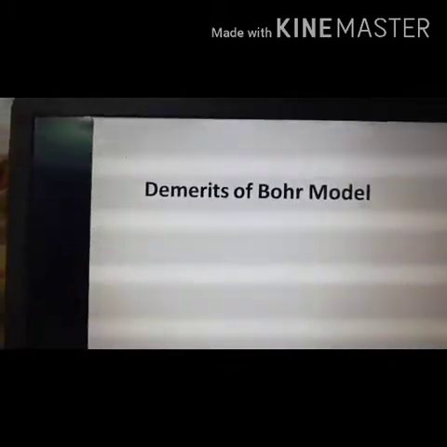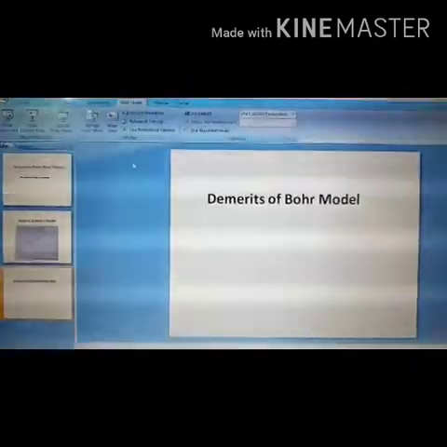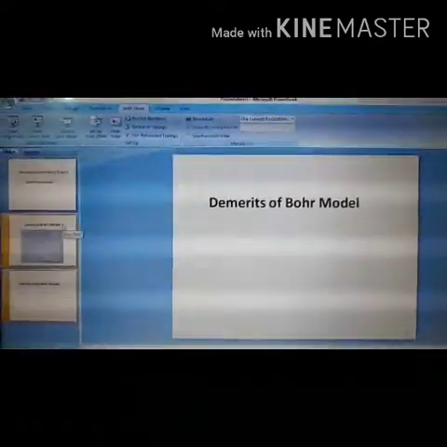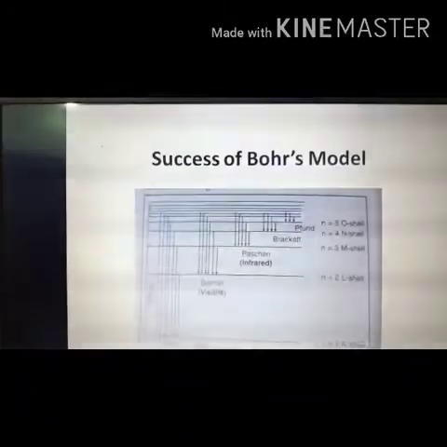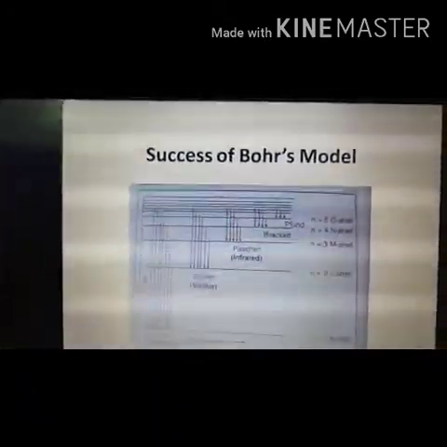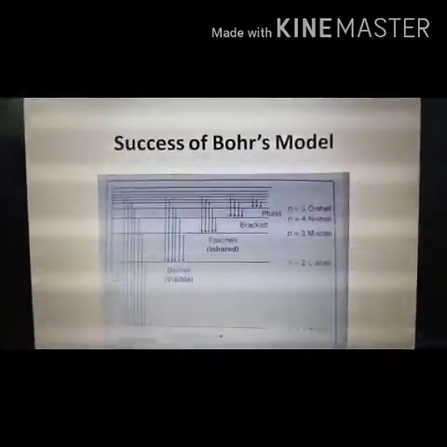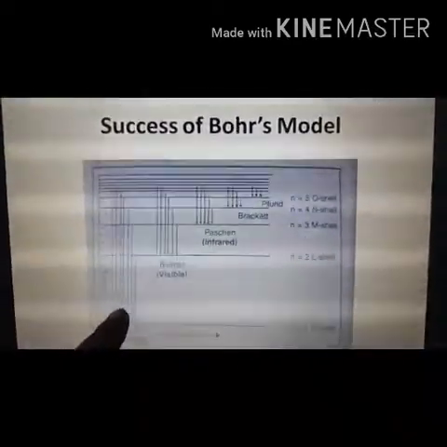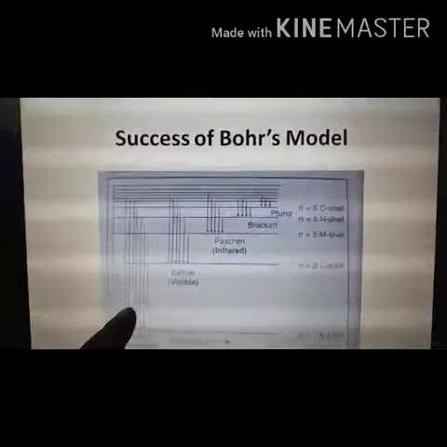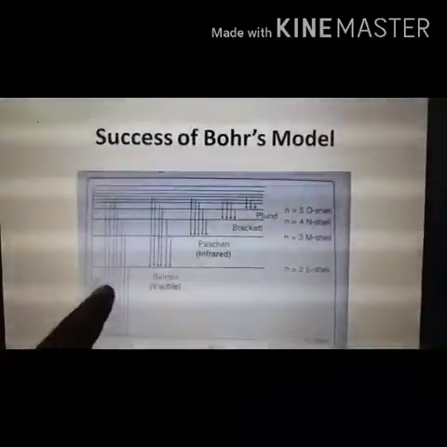That means, if we go back to the second slide here, you see these lines; if we pass them through a sophisticated technique, it gives more finer details, and those finer details were unable to be explained by the Bohr model of atom.